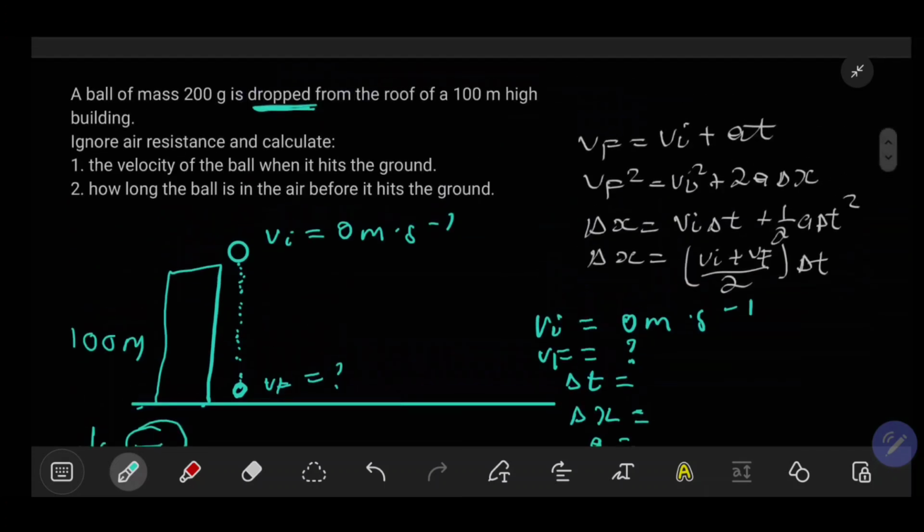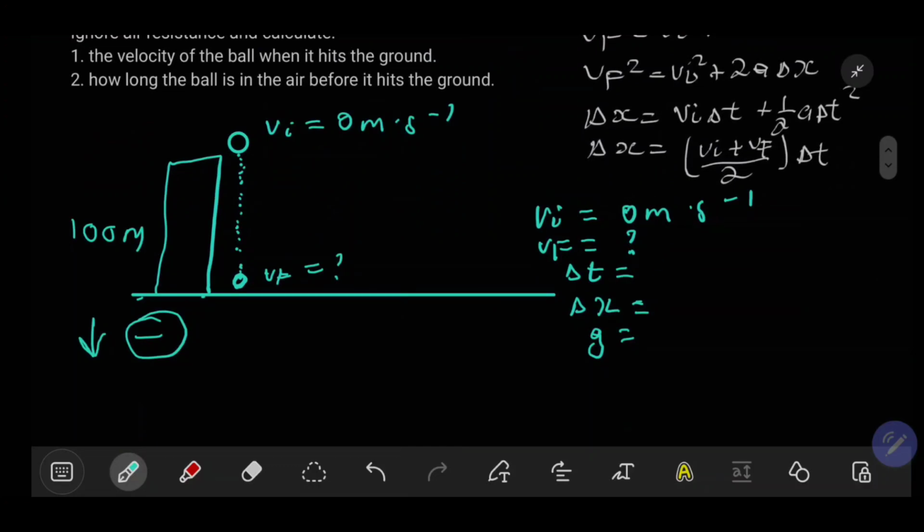Then from the statement, we were not given the time the ball took in the air, right? And then our change in displacement. Remember, when we find the change in displacement, it's like we're finding the distance in a straight line, from the initial position to the final position in a straight line.